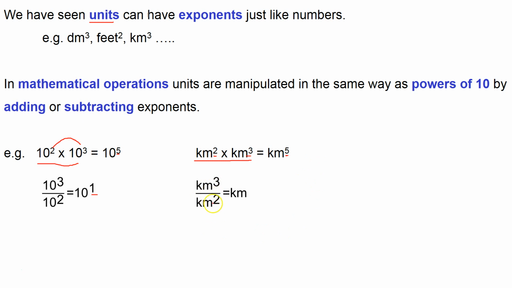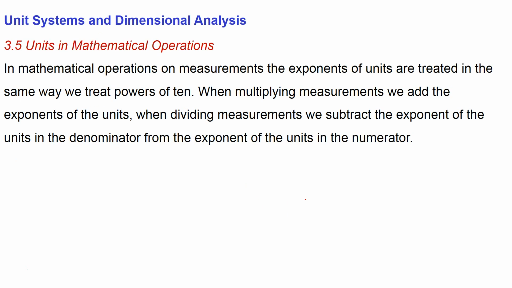And when we divide 2 units that have exponents, just like with powers of 10, we subtract the bottom exponent from the top one. So there's a 1 there that we haven't placed. We're going to keep in mind that we can multiply exponents on units. And what we'll also see is that we can divide and multiply and cancel and do all the things with units that we do with regular algebraic symbols.